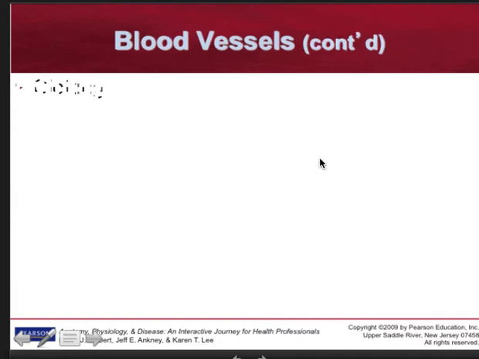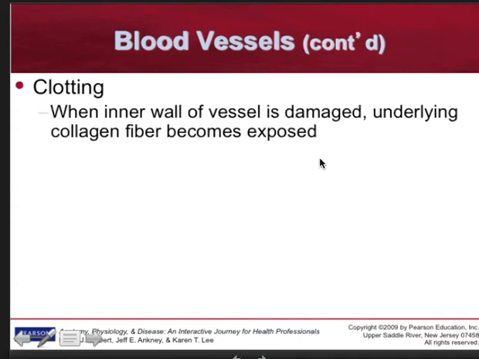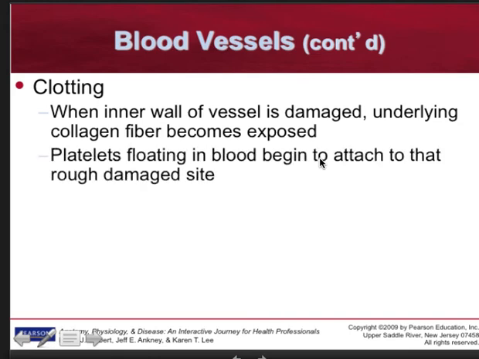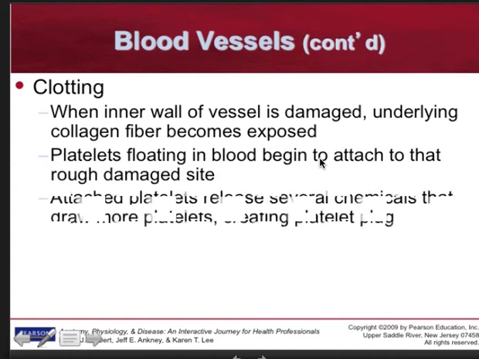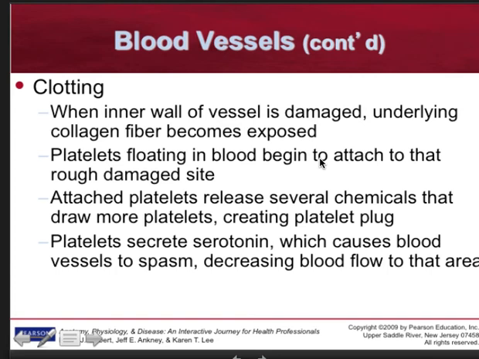First is clotting, where the inner wall of the vessel, due to damage, causes platelets to attach to the injured tissue and release their clotting factors, and this begins to initiate the clotting cascade. This also creates a structure called a platelet plug that slows blood loss, and they also secrete serotonin, which causes the vessels to spasm, and this further decreases blood flow to the area and accelerates the clotting cascade.